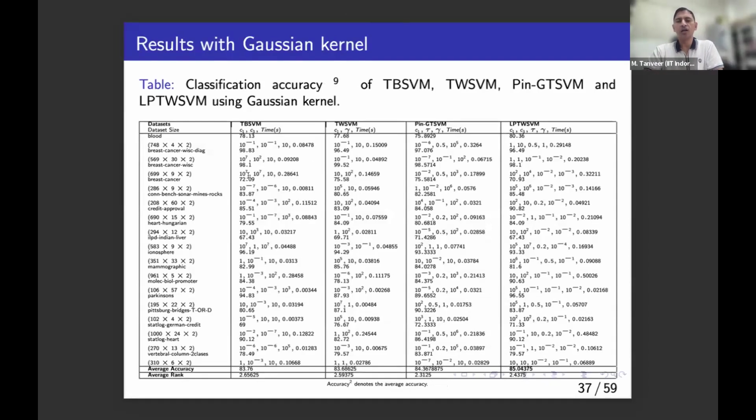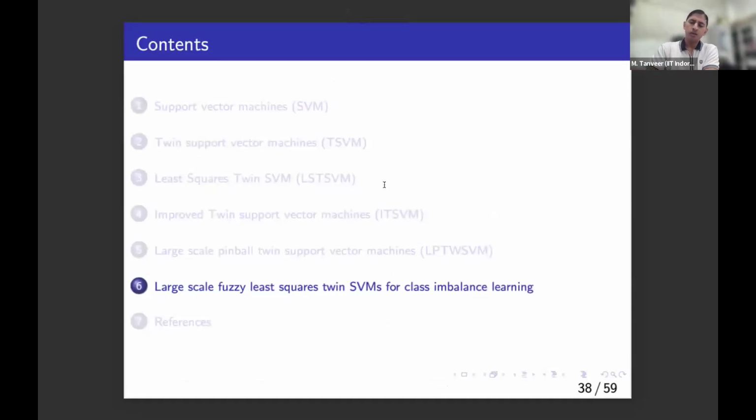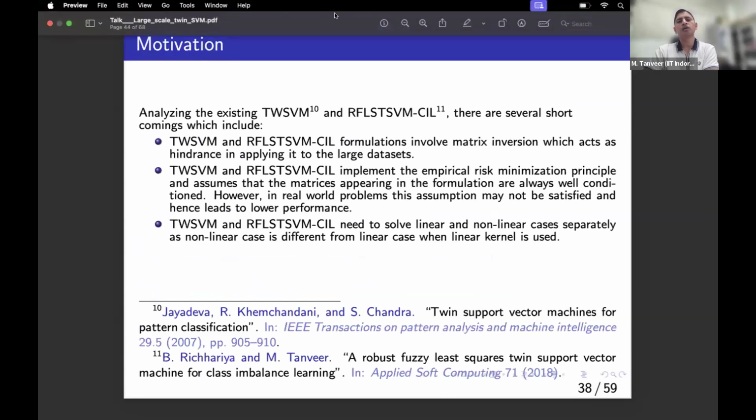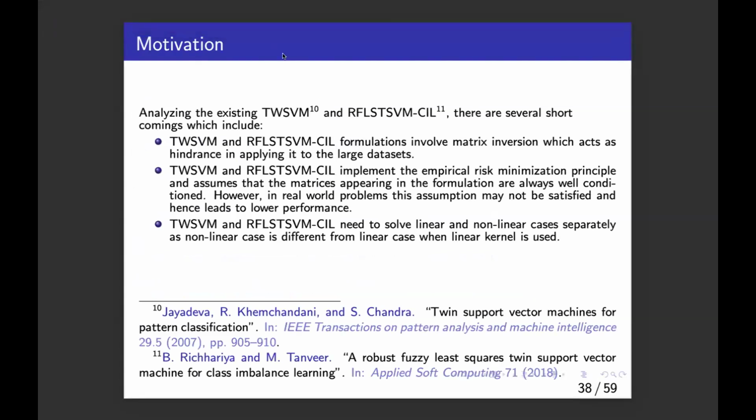Here, in the nonlinear case, we have considered the Gaussian kernel. Now let me discuss another algorithm. Possibly this is the last algorithm, and after that I will discuss only a few applications.